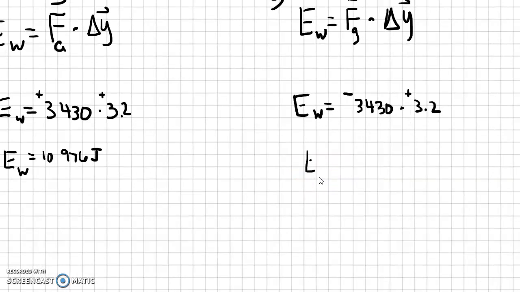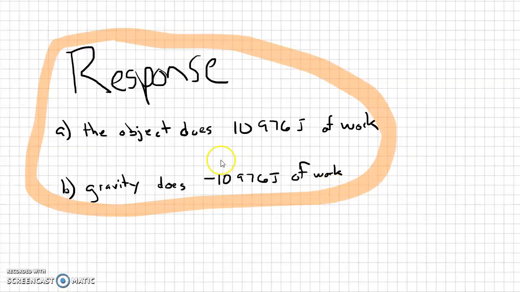My work done by gravity will just be the negative value of what I got before. To respond to our original question, the object doing the lifting does 10,976 joules of work, and gravity does the negative of that same amount of work.